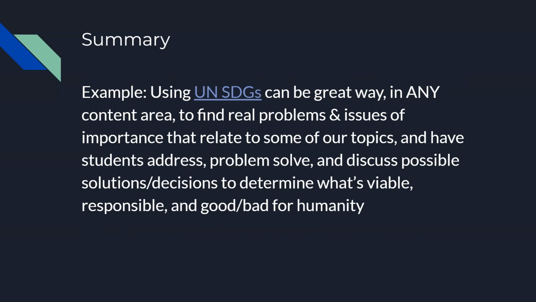The UN SDGs are a great way to look at the 17 defined human world problems that affect every person on the planet. We can, in any discipline, in any class, at any age level, get kids thinking about these problems that affect everyone's lives and have them use our material, our content, to try to come up with solutions to certain problems, whether it's at a local, state, national, or even global level. All of these are possibilities for us now.